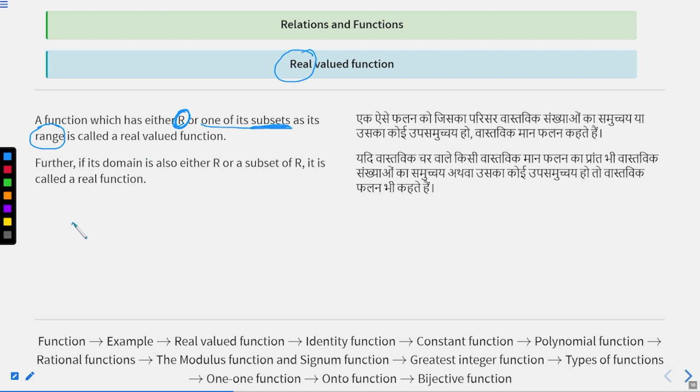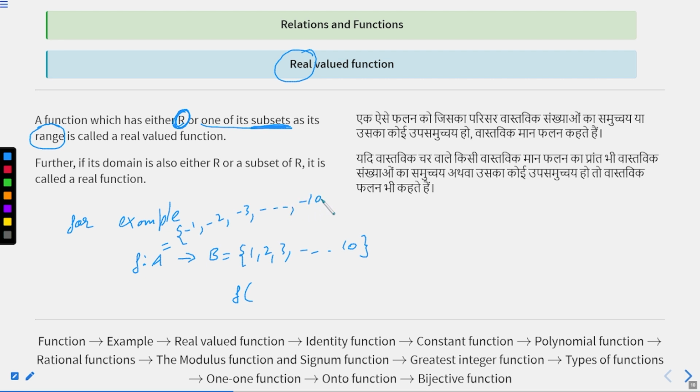For example, say my function is from set A to set B, where B is 1, 2, 3, up to 10, and set A is -1, -2, -3, up to -10.